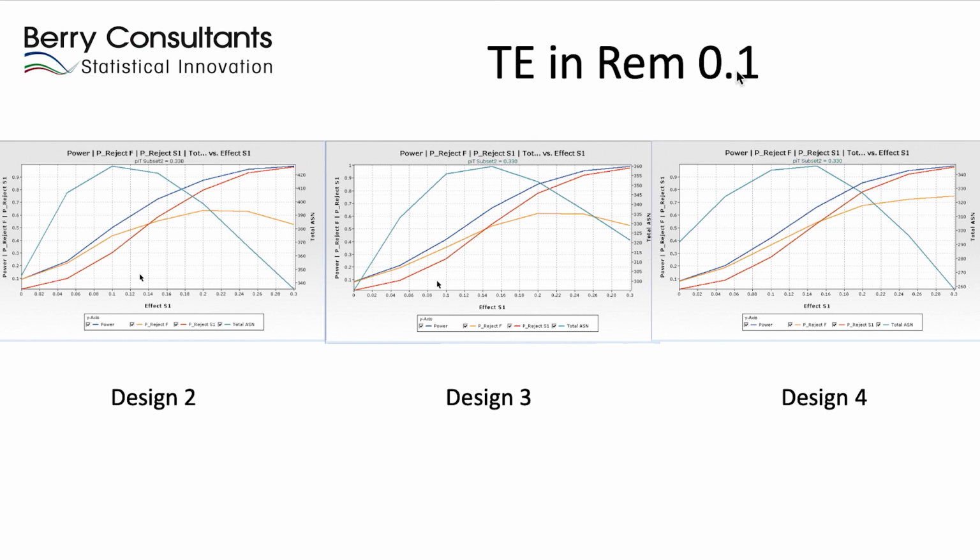Here is where there's a treatment effect of 0.1, and you can see that the probability of selecting the full population has gone up quite considerably compared to the other designs. There isn't this tailing off effect that we see at the higher S1 rates. And overall, this y-axis here for the expected sample size is always less than with the other designs.